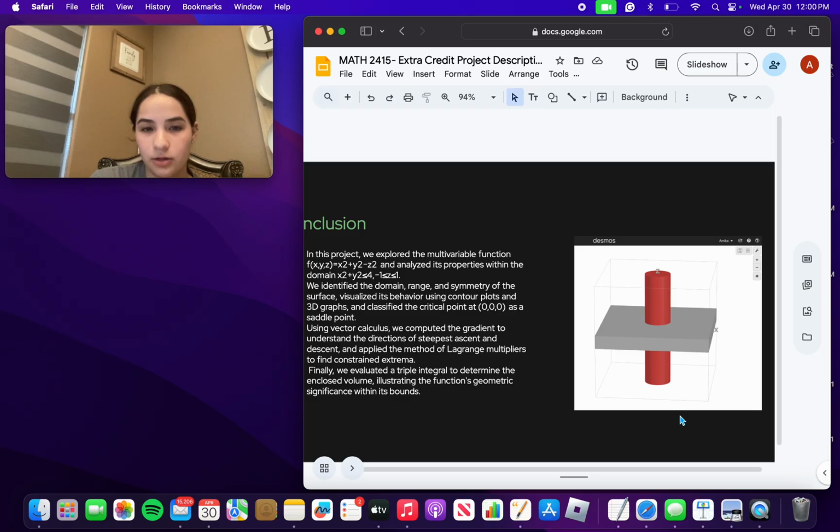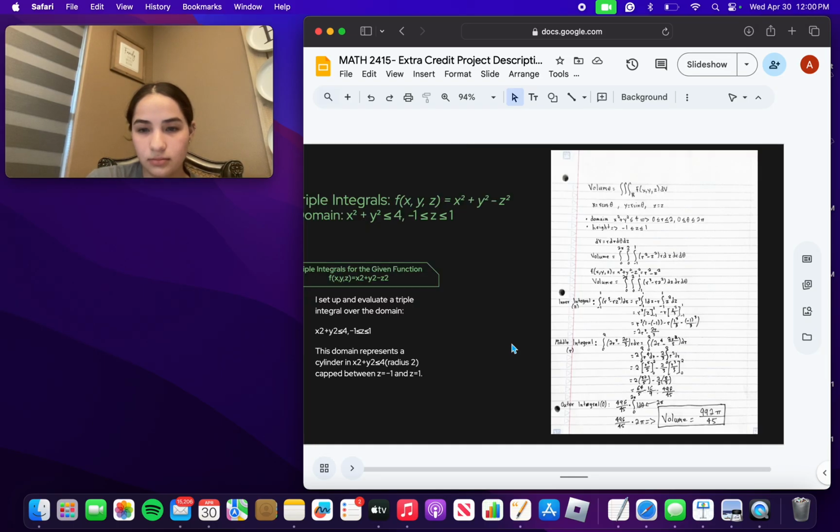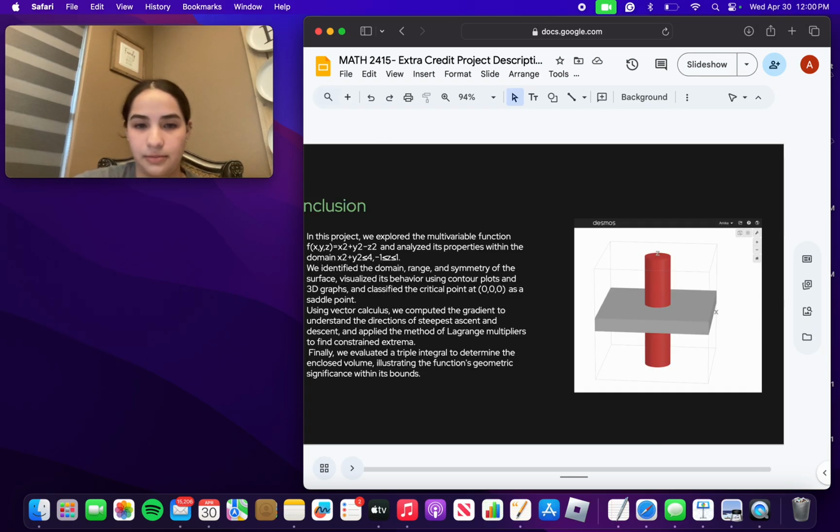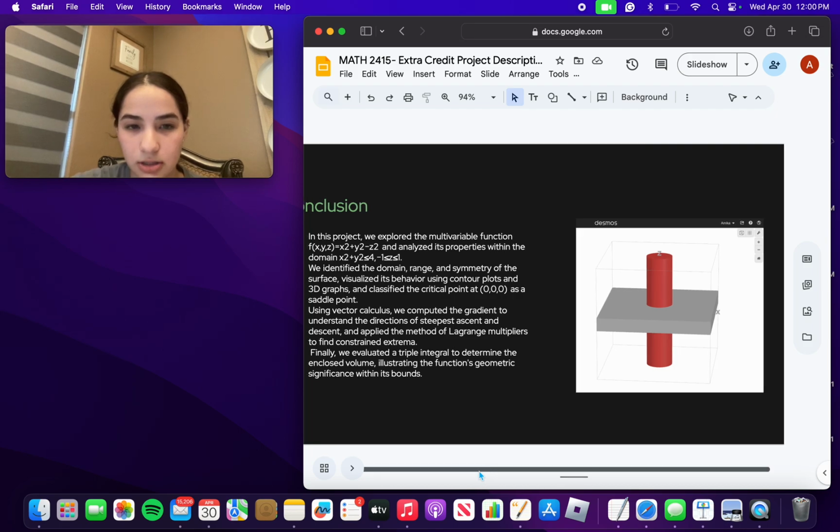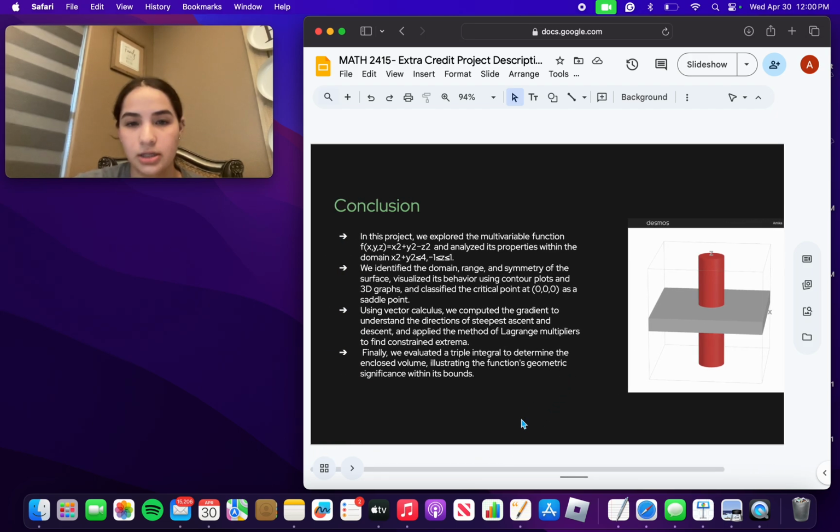And then for the conclusion, in this project, we explored the multivariable function f(x, y, z) equals x squared plus y squared minus z squared and analyzed its properties within the domain x squared plus y squared less than or equal to 4 and -1 less than or equal to z less than or equal to 1.